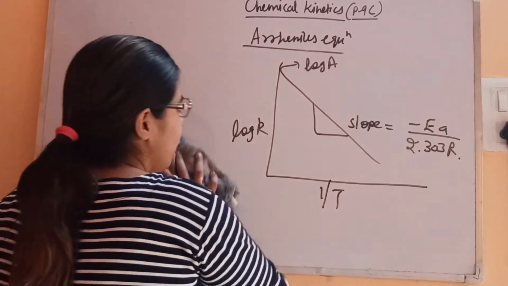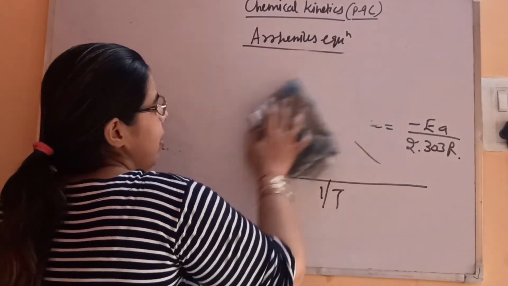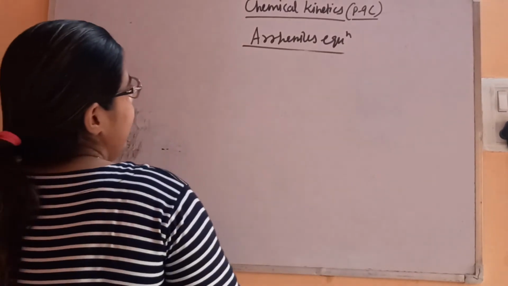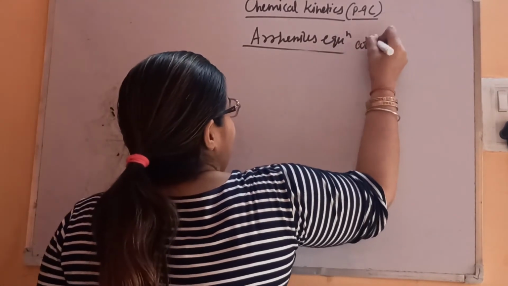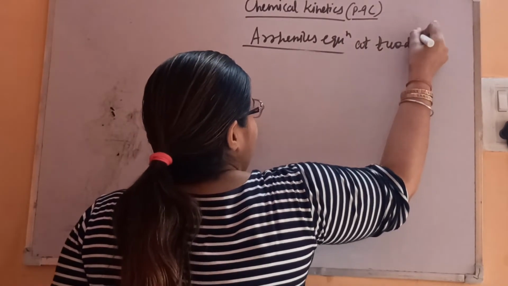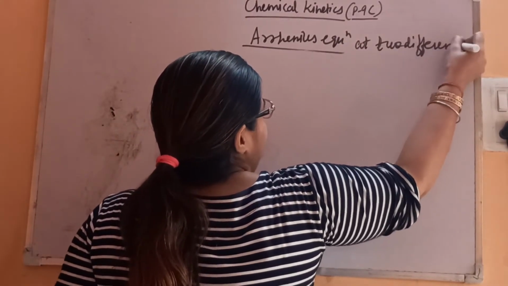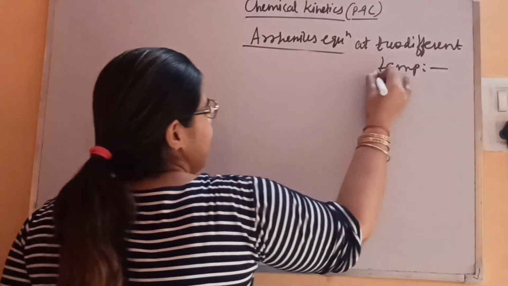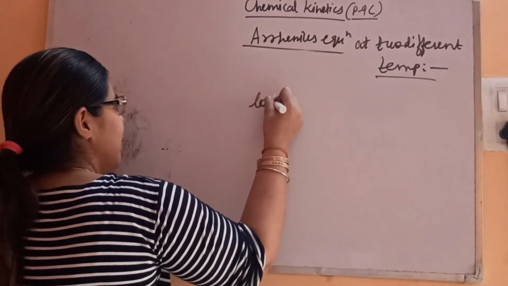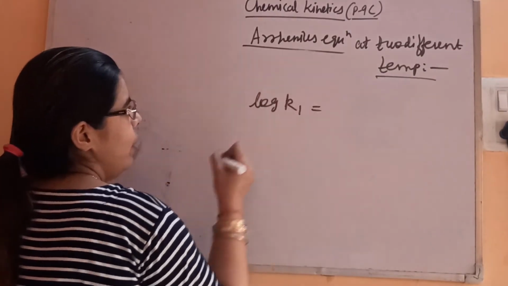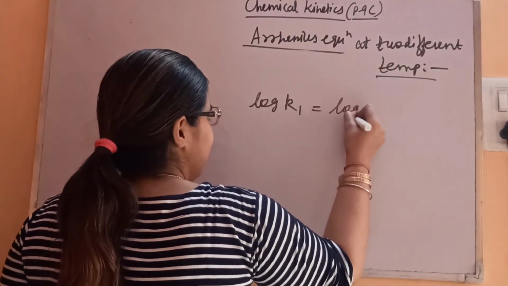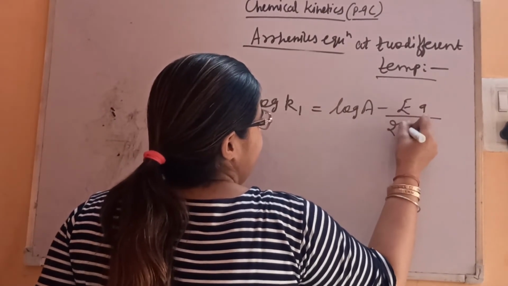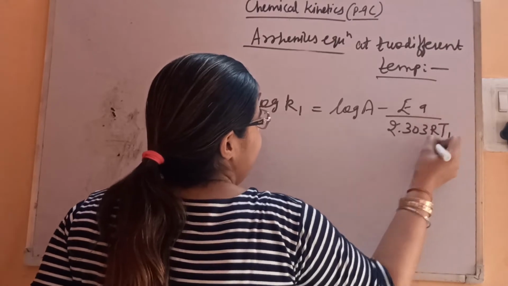Now we have to use the equation at two different temperatures. Okay, so let's consider the Arrhenius equation at two different temperatures, as we are studying the temperature effect. So let's write log K1, two different rate constants, log A, it is a constant, will remain the same, minus EA upon 2.303 RT1.